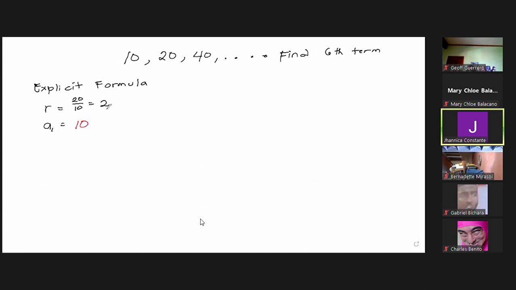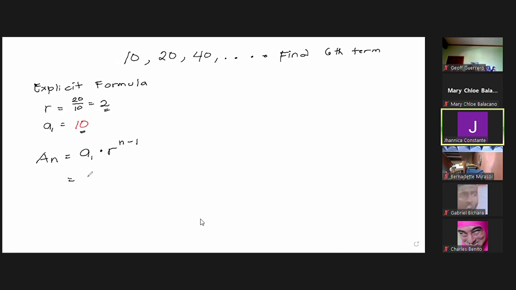So we have already the common ratio and the first term that we're going to use to write the explicit formula of our geometric sequence. So a_n equals the first term multiplied by the common ratio raised to n minus 1. So change the value of the first term and common ratio.